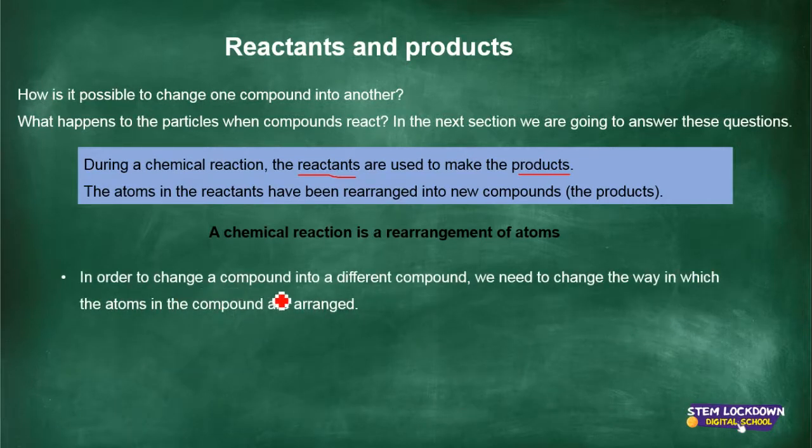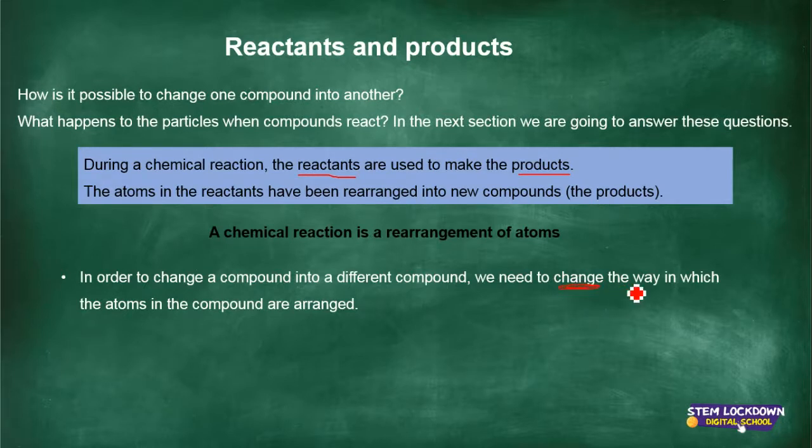So in order to change a compound into a different compound, we need to change the way in which the atoms in the compound are arranged. The main word here is to change. So you're bringing about change.